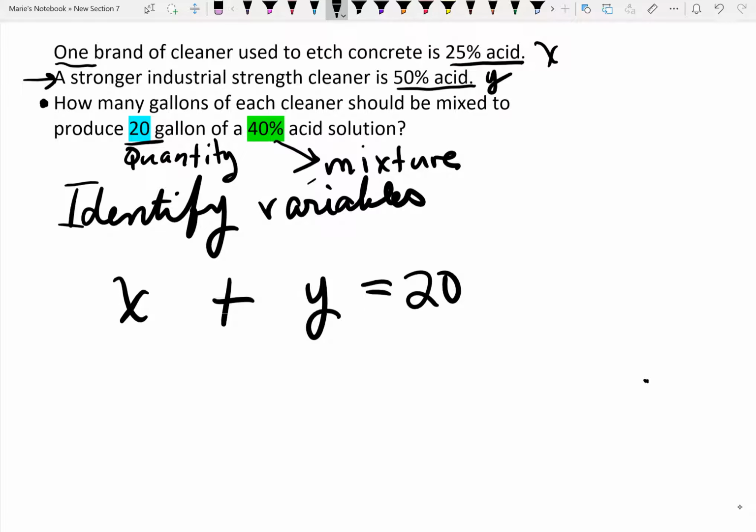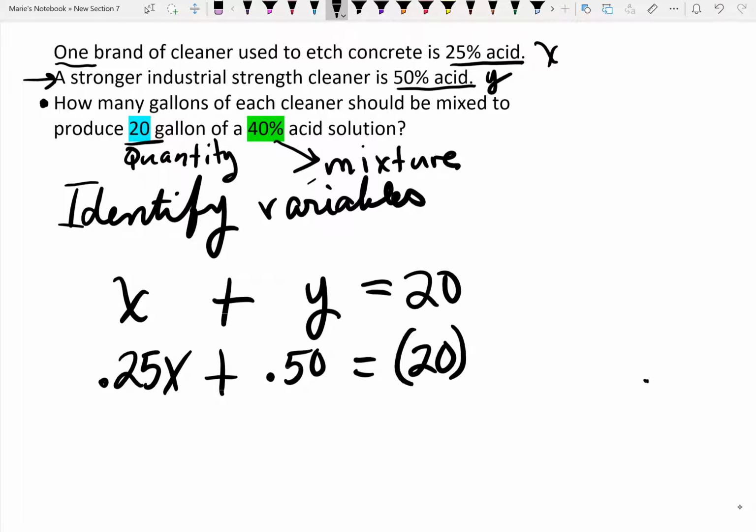That's our quantity. Now in terms of the solution, this is 0.25x plus 0.50y, and that is equal to our 20, which is how much we're going to have, but of 40% solution. That comes from that.